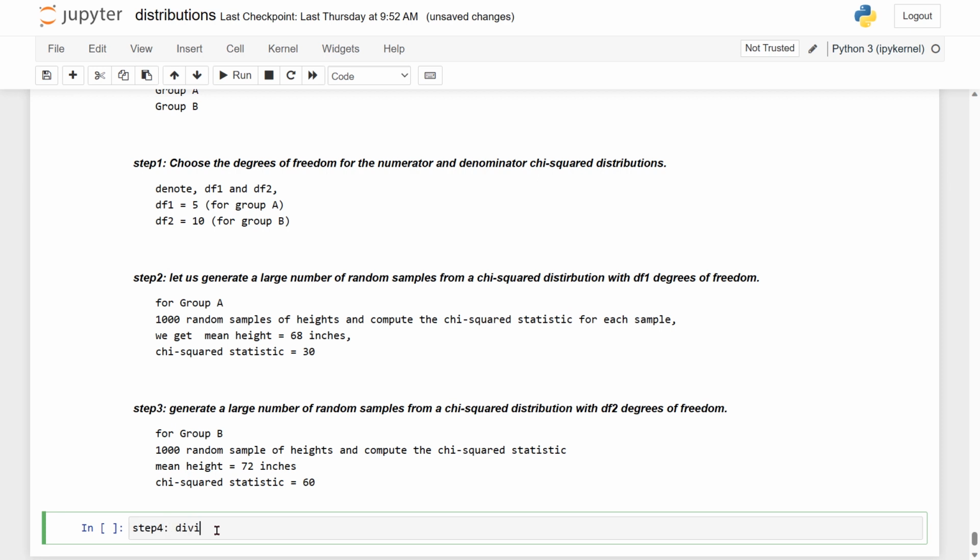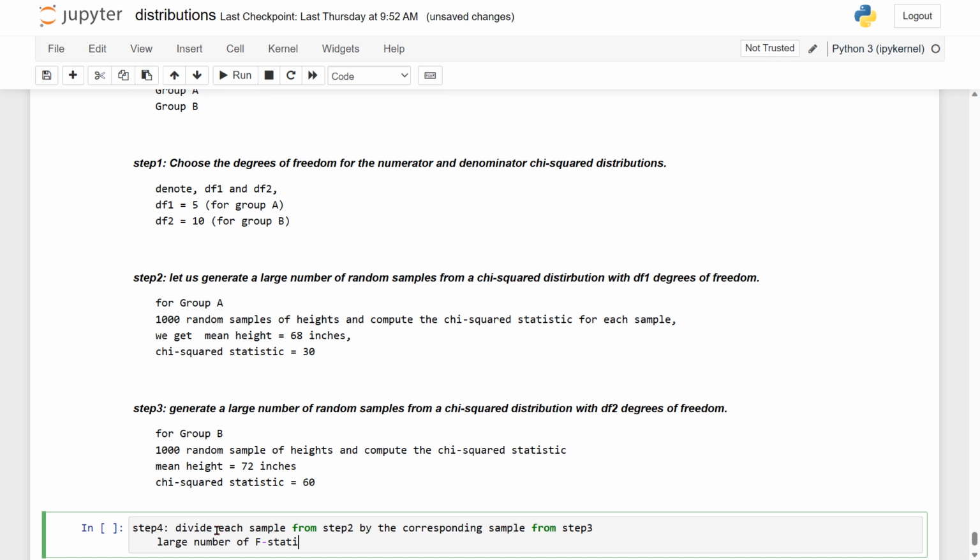So now you have to divide each sample from step 2 by the corresponding sample from step 3. That's nothing but group A with group B. So this will give us a large number of F statistics.